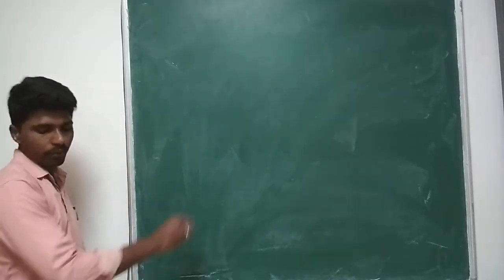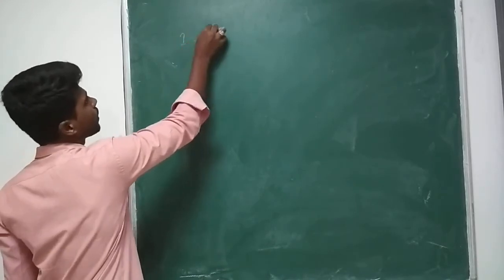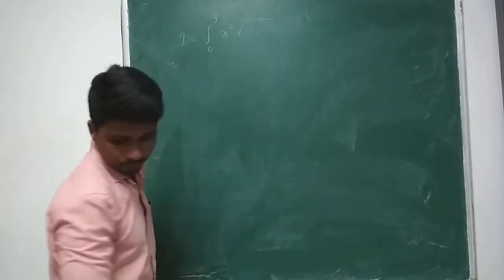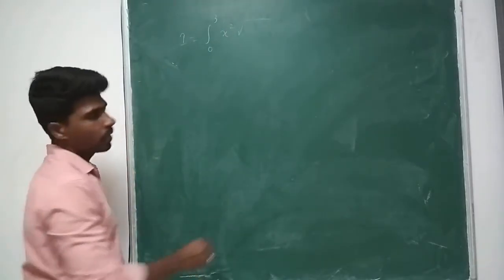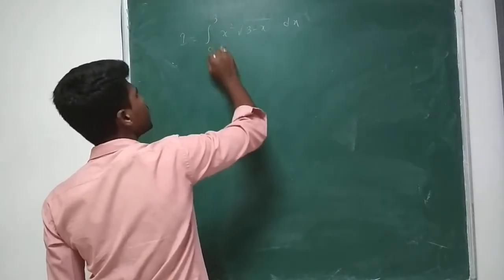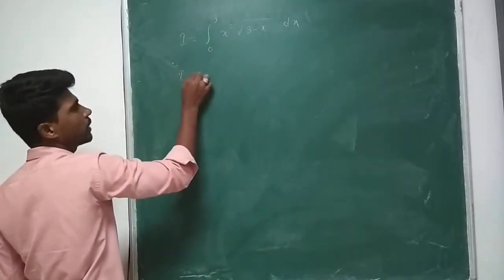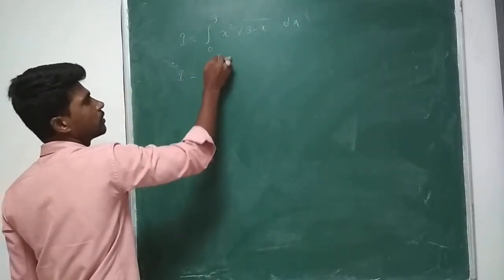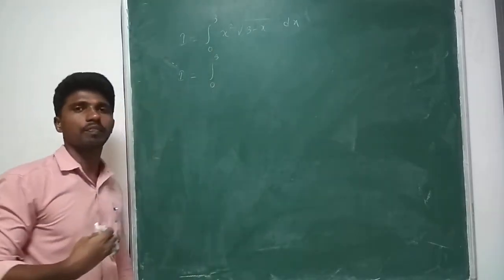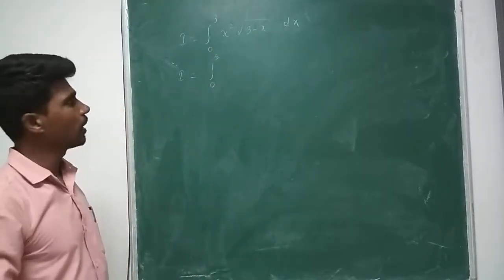I is equal to integral 0 to 3 of x square into root of 3 minus x dx. It is like integral 0 to a of f of x, which can be written as f of a minus x.